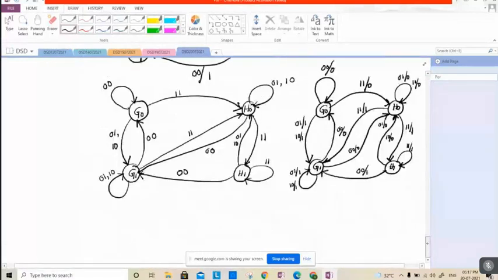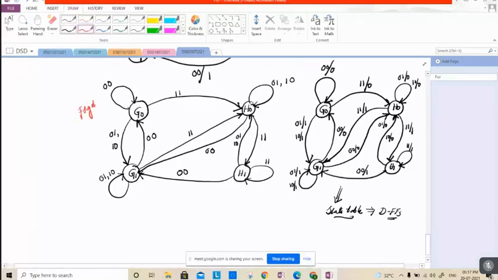Can you draw the state table for this? And after that, finding out the values of the D flip-flops also. You just forget about this for the time being. You need not remember this.